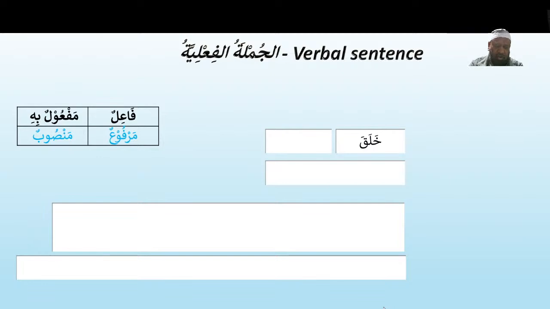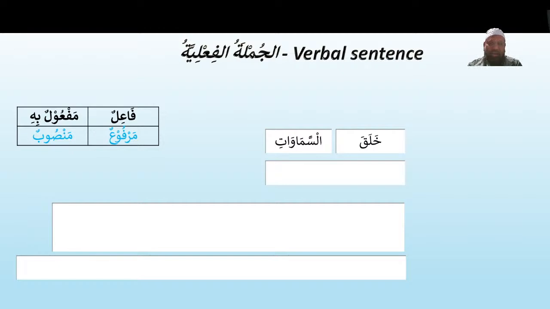Let's use the khalaqa again. Khalaqa. Let's see what we have as the next word. As-samawati. Khalaqa as-samawati. Is there a fa'il in this sentence? I mean, visible. There is a fa'il in the sentence, because every fi'l needs a fa'il.